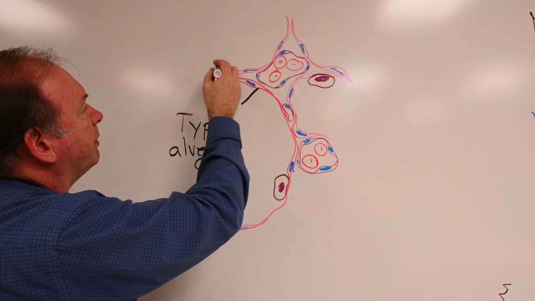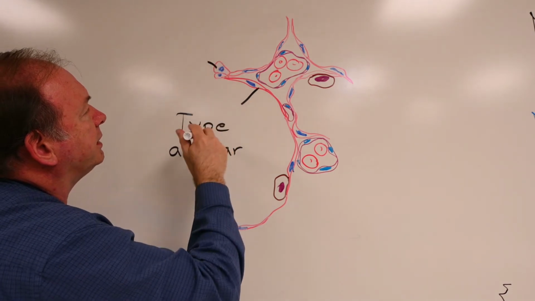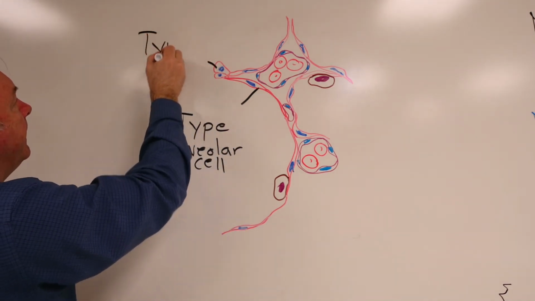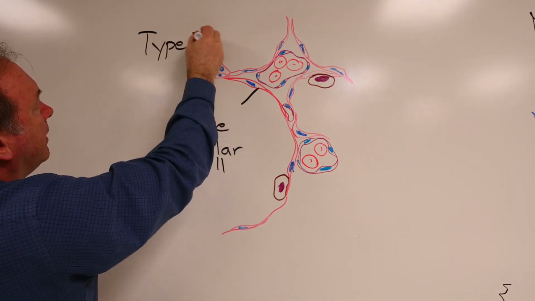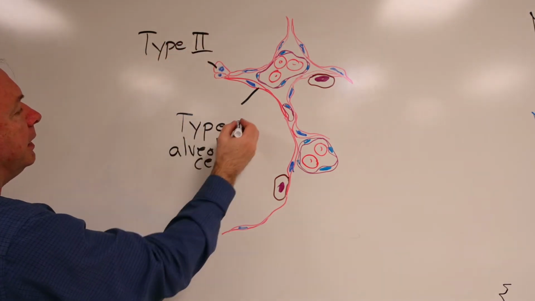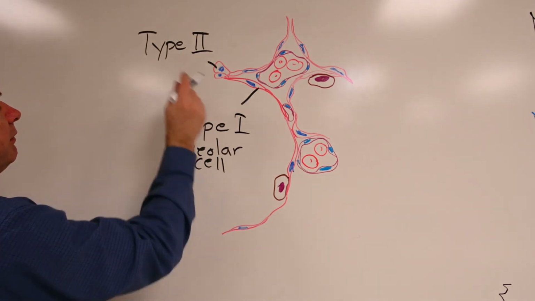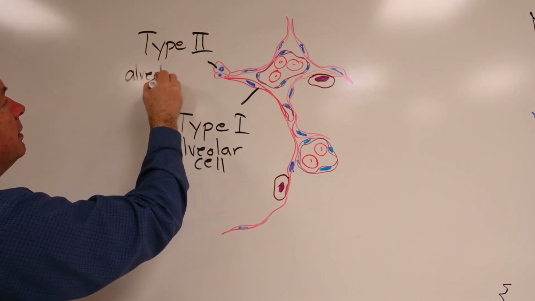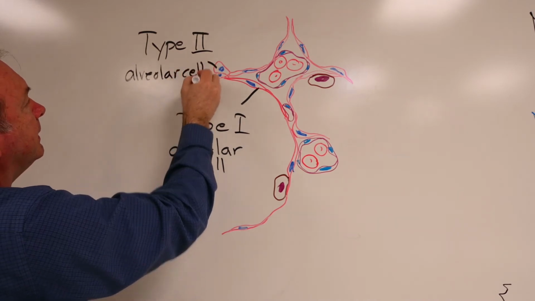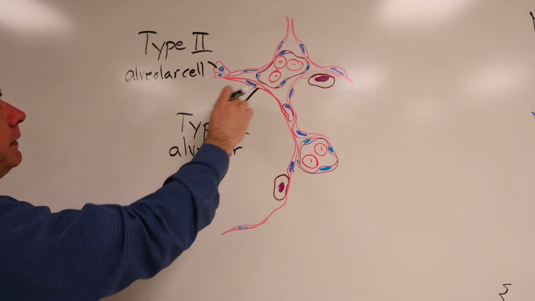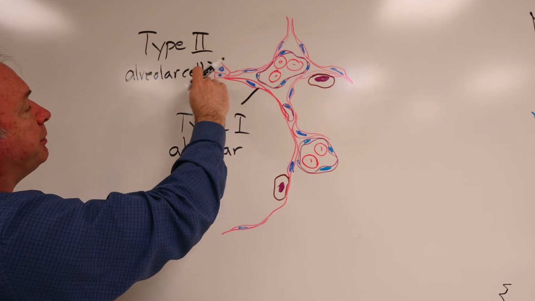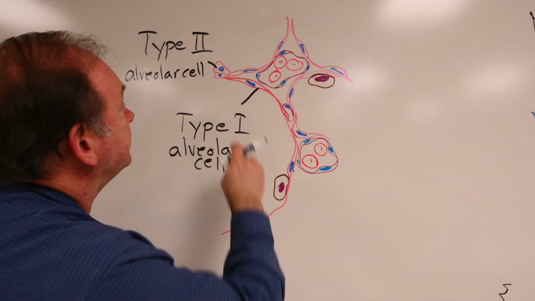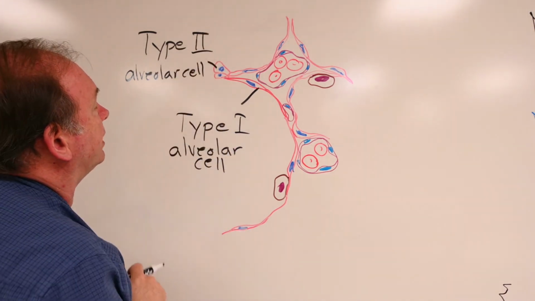Sometimes along some of the margins of the alveoli, we're going to see what we call a type 2 alveolar cell. This is type 1, so this is type 2 up here. They are more cuboidal and they are found usually at the septum, and for that reason they're sometimes called septal cells. Septal cells or type 2 alveolar cells.